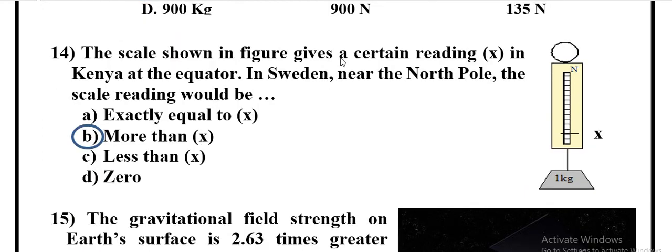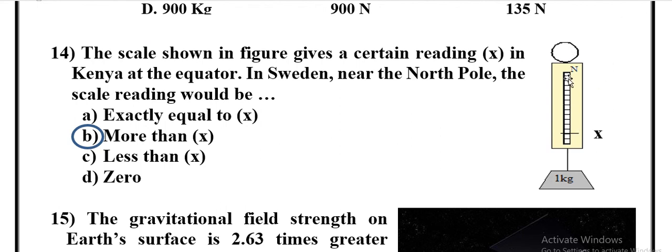Question number 14. The scale shown in the figures shows the reading X on the spring scale. The system was at the equator. In Sweden, near the North Pole, the scale reads the weight.